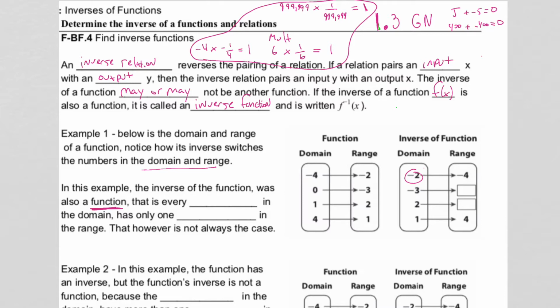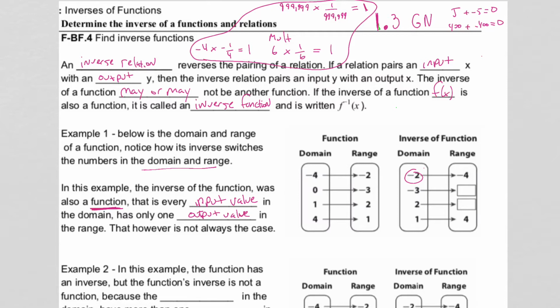The easy way to answer that question was, does every input value in the domain have only one output value in the range? Hopefully you're getting adjusted to reading Mintonese.